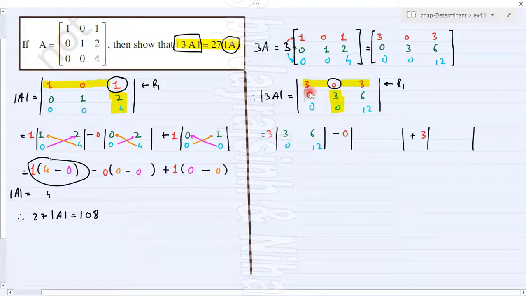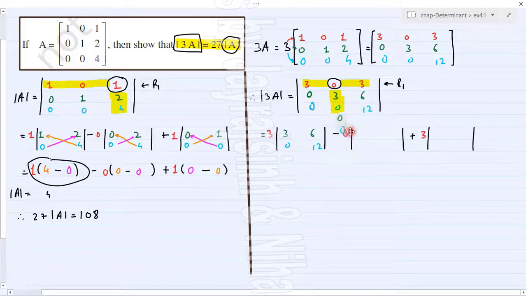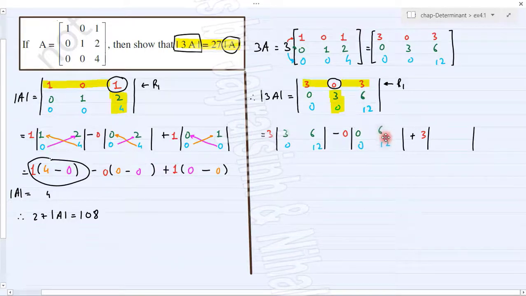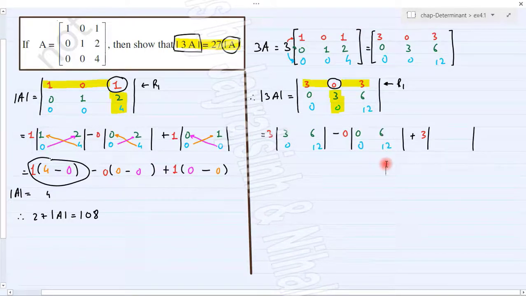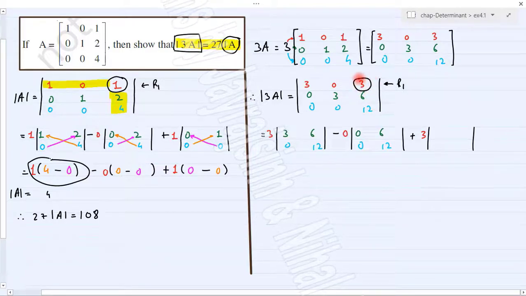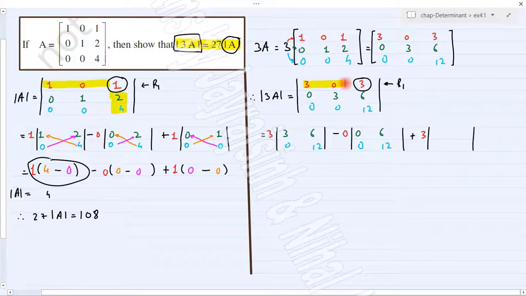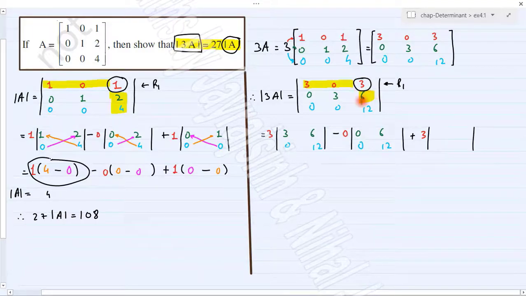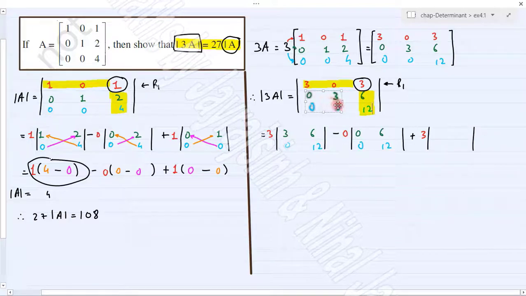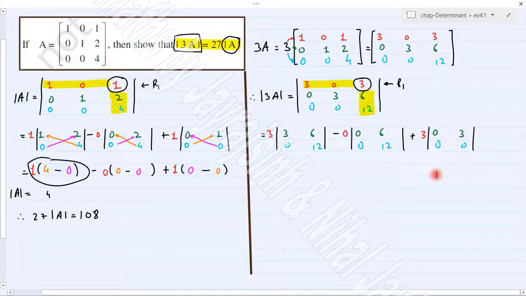So here we get the first column of the determinant, and here we get the second column of the determinant. Similarly, your last determinant, which is within the multiplication of 3, can be obtained by ignoring its row and its column. So we get our required determinant.